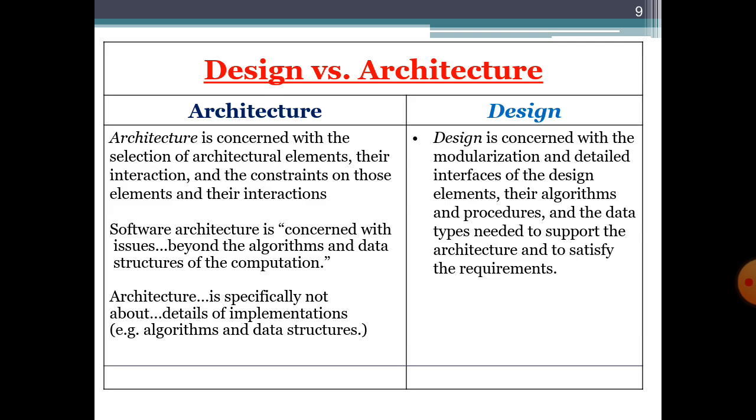As we discussed earlier, architecture is concerned with the architectural elements, while detailed design is concerned with the modularization, which we achieve through information hiding and encapsulation. Architecture gives us the skeleton of the system, not the internal details of how the system will perform its different functions.